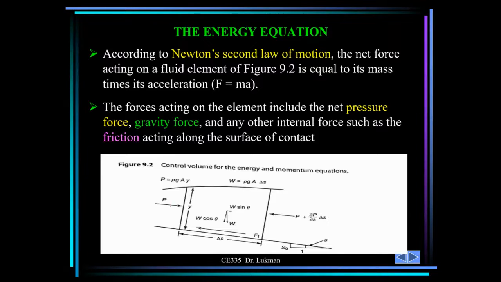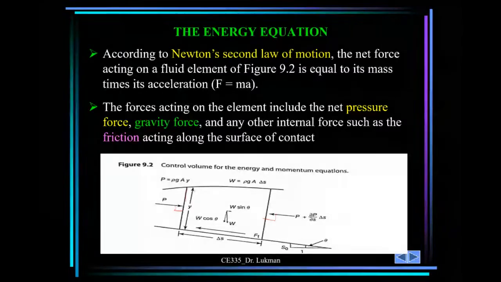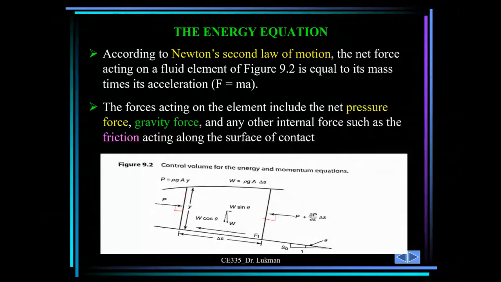So that's why you have the pressure force acting normally to the cross section, at 90 degrees on both points, because pressure is always compressive and normal to the surface. It represents the normal stress in solid mechanics.